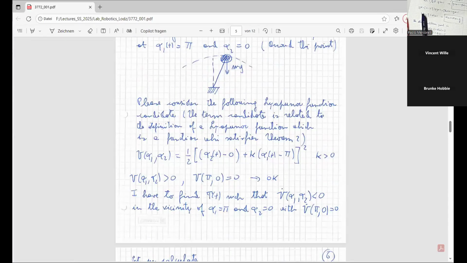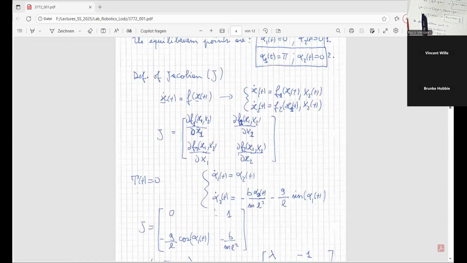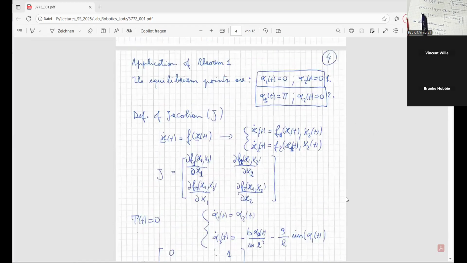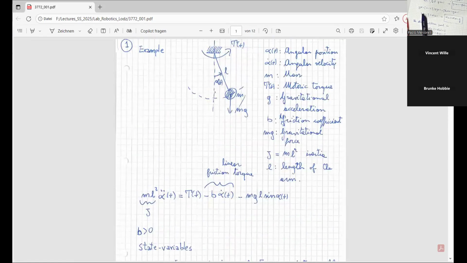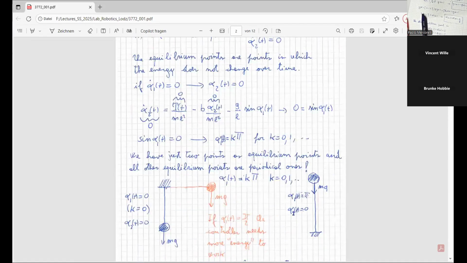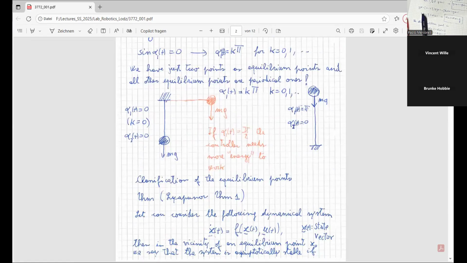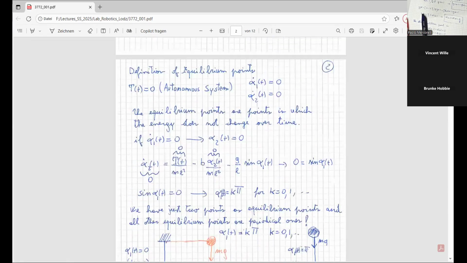I am not able to move the inverse pendulum. Look at the scheme here. Definition of equilibrium points.